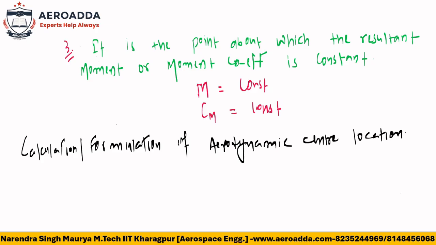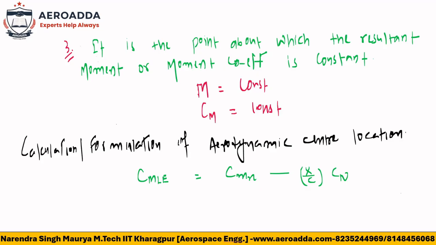How will you get it? This is again very important. So see the formula I have given you previously, the standard formula: CMLE, moment about leading edge, is equal to CM, check, minus X by C into CN. X was the distance from the leading edge. This was the formula.